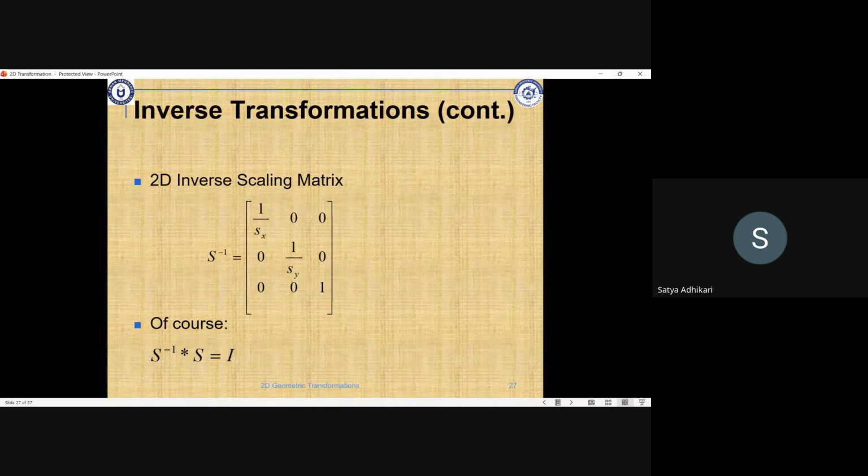So if you apply the scaling operation, you know that the size is already changed. But suppose you change your mind and you want to find the original size of the object back. So you apply your inverse scaling matrix, and you see S inverse has 1 by Sx in place of Sx, and 0 0 1 row is added for the homogeneous coordinate.